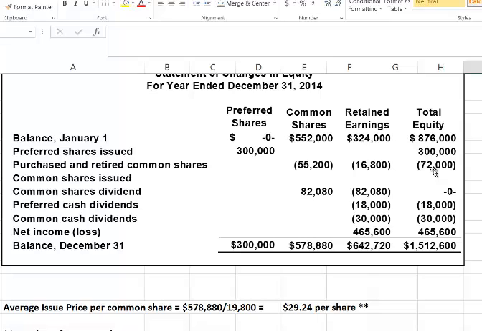Now, they also said here in the question, to finish off your statement of changes in equity, that we declared dividends, right? Now, when we declared the dividends, later on in the year, we also issued them. So you'll notice here that we have common share dividends, that's your share dividend, reducing retained earnings by $82,080.